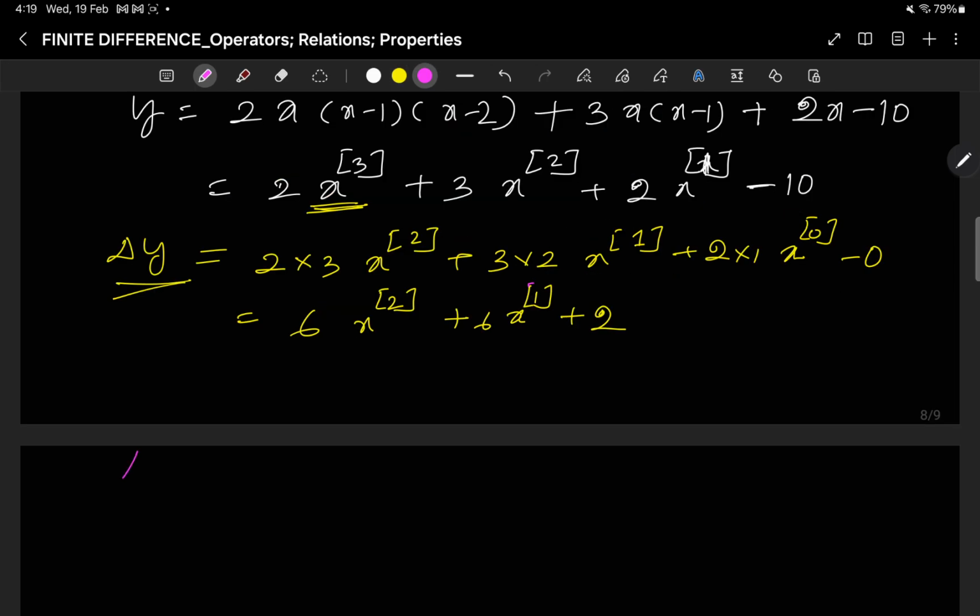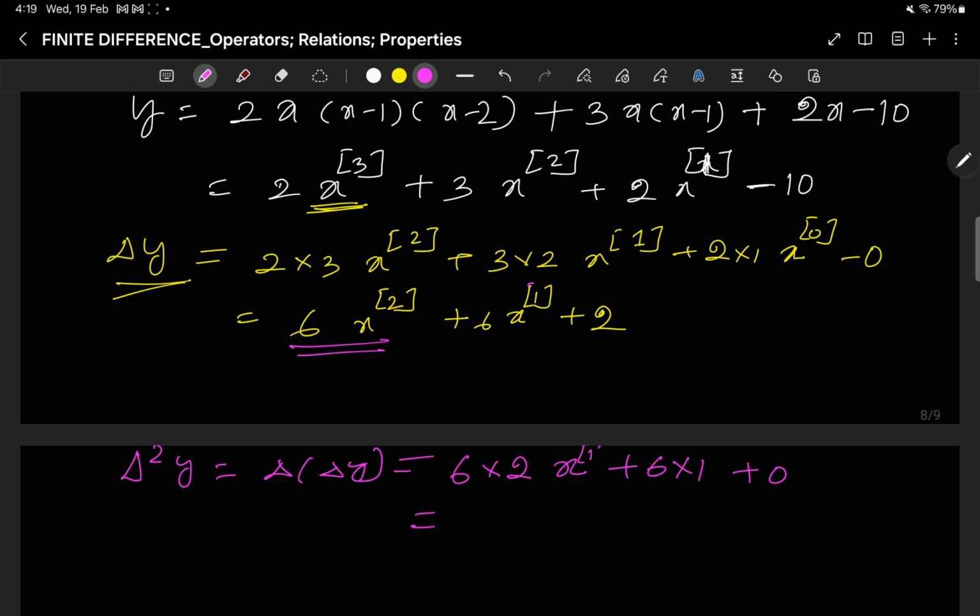Now if you find del square y, it is del of del y. So this is the derivative of this: 6 into 2x, plus 6 into 1, plus 0. So this is 12 x to the power 1 plus 6.